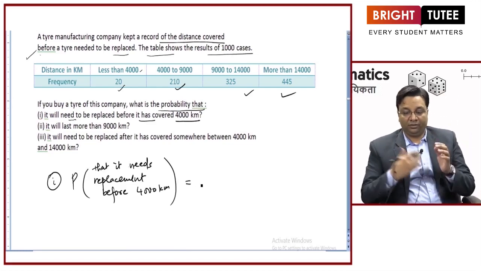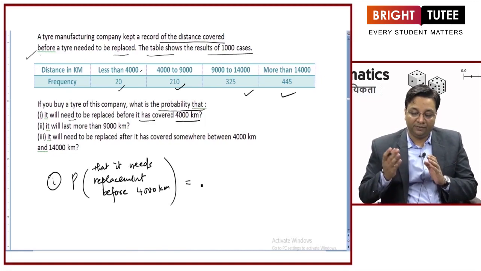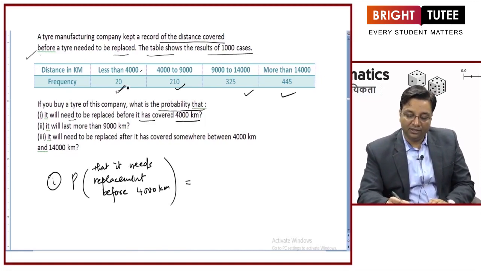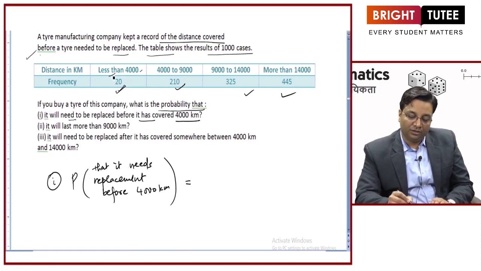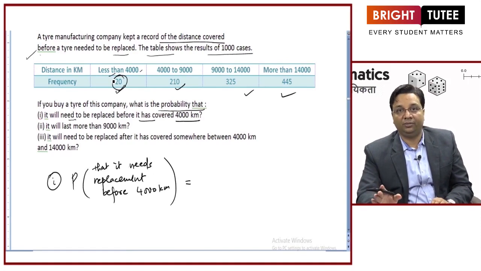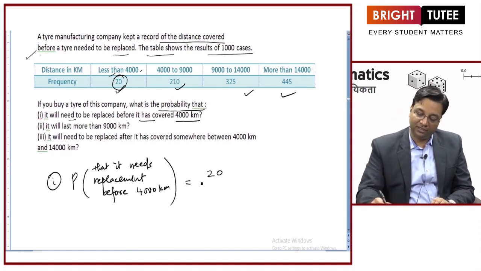Now we will look at the results of the observation that we made. So, less than 4000 kilometers, it was 20 times that the tire needed to be replaced. So, 20 is our numerator, and what will be the denominator?